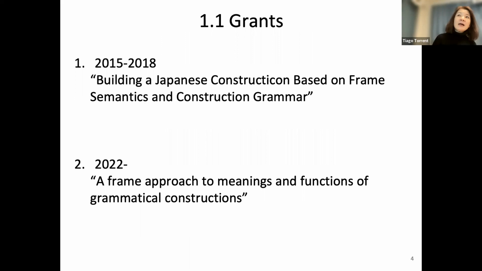Let's look at it. With respect to the research grants, the first one was from 2015 to 2018, and we did a survey and started building a Constructicon. After 2018, we didn't officially work on creating a Japanese FrameNet Constructicon, but earlier this year we were able to get a second grant, and that's what we are working on currently.